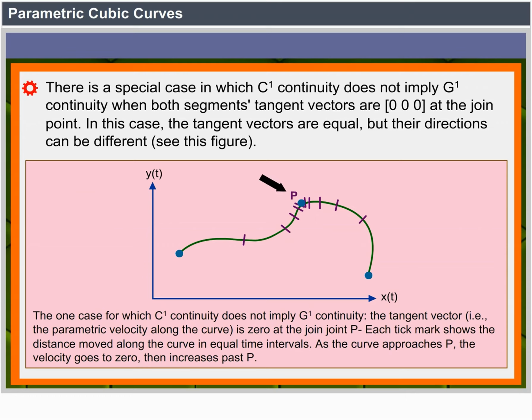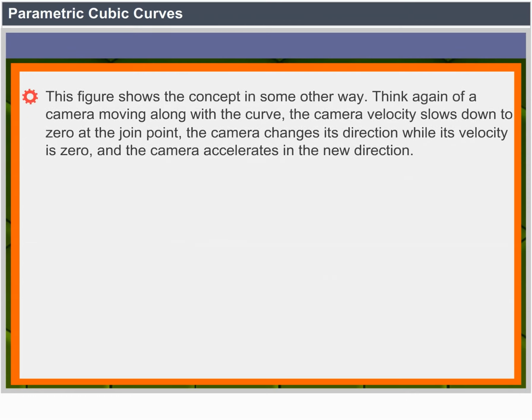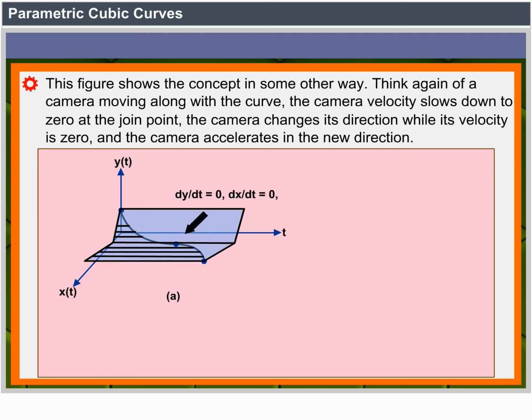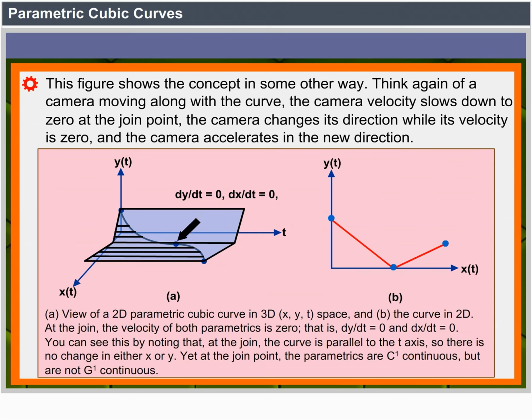This figure shows the concept in another way. Think again of a camera moving along the curve. Camera velocity slows down to 0 at the join point. The camera changes direction while its velocity is 0, and then accelerates in the new direction. Figure A shows a view of a 2D parametric cubic curve in 3D x, y, t space, and B, the curve in 2D.